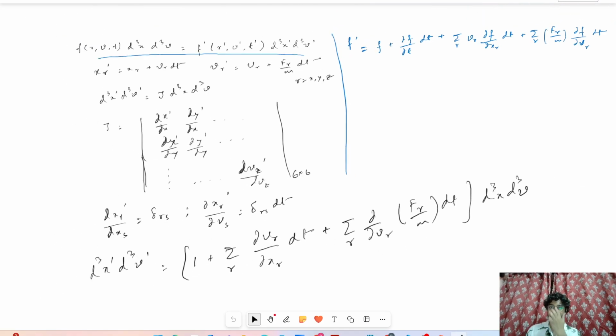Yeah, the same. So this is just coming from the Taylor expansion of f prime around f. So we haven't yet put the expression in.